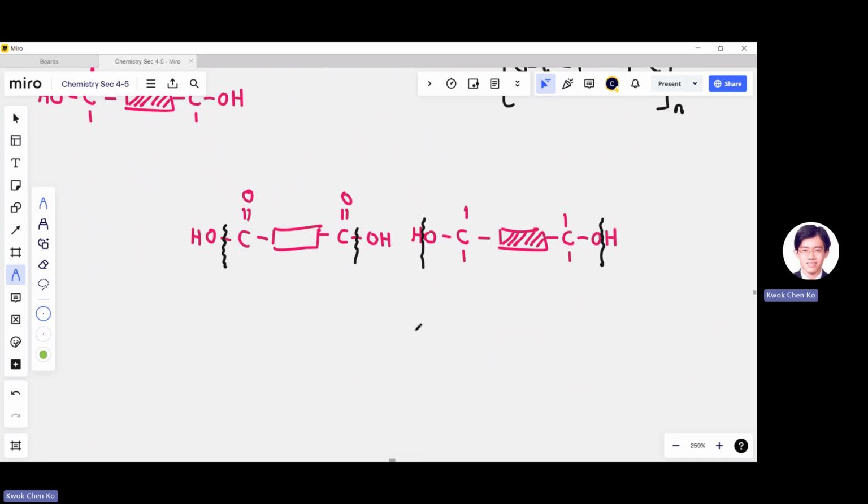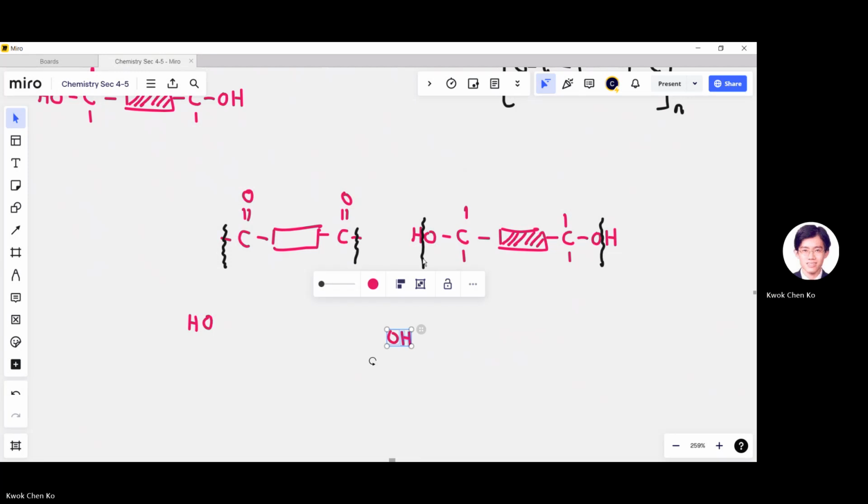So what next? This part comes off, and this part comes off, and of course you get water. This part comes off, and you get two water molecules.